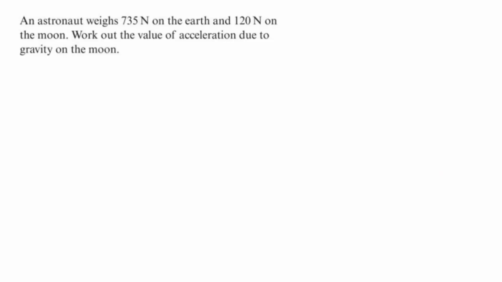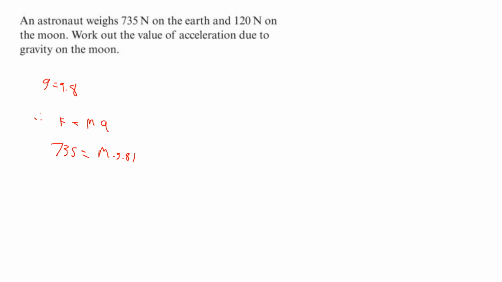Now let's look at this one. An astronaut weighs 735 newtons on Earth and 120 newtons on the moon. So work out his acceleration due to gravity on the moon. Well, we know that on Earth, G is equal to 9.8, which means that the weight force F is equal to his mass times acceleration, which means 735 is equal to mass times 9.81.